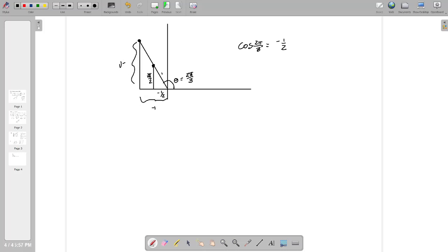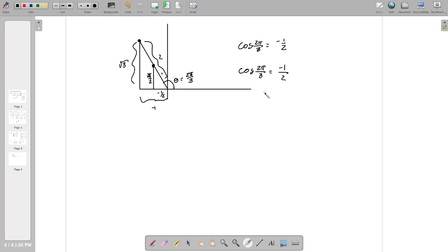This distance would be root 3, and this distance would be 2. Cosine of 2 pi over 3. For the bigger triangle, if we look at the triangle, we know that we have a negative value here, so we'd have a negative 1 divided by 2. We get the exact same ratio.